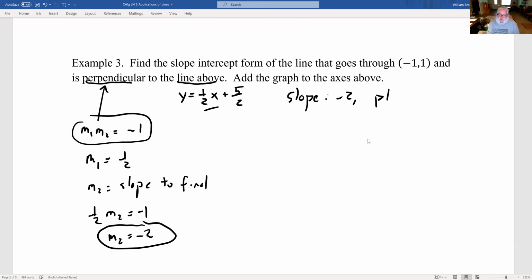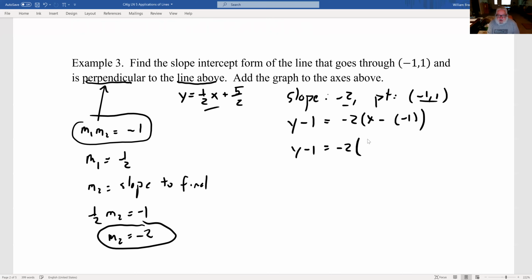Now we know the slope of our perpendicular line is -2. We know a point, -1, 1. So y minus 1 equals -2 times x minus -1. So slope intercept form again? No, not slope intercept. Point slope form. Point slope is this. We can tidy that up a little bit. X minus -1 is x plus 1.